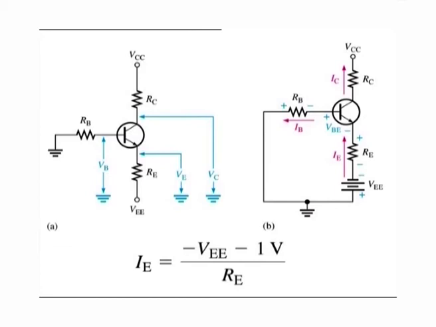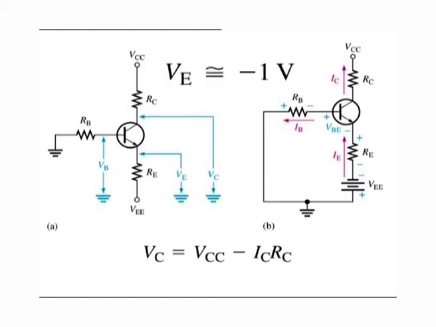You can apply the approximation that Ic is approximately equal to Ie to calculate the collector voltage, and that is Vcc minus Ic into Rc. The approximation that Ve is approximately equal to minus 1 volt is useful for troubleshooting because you won't need to perform any detailed calculations.